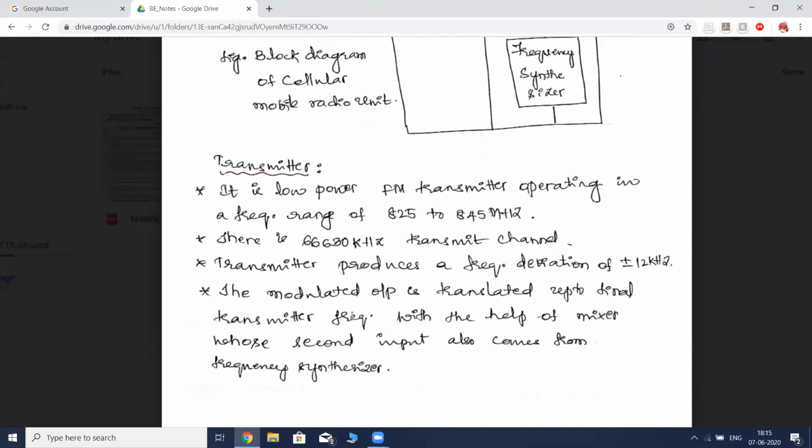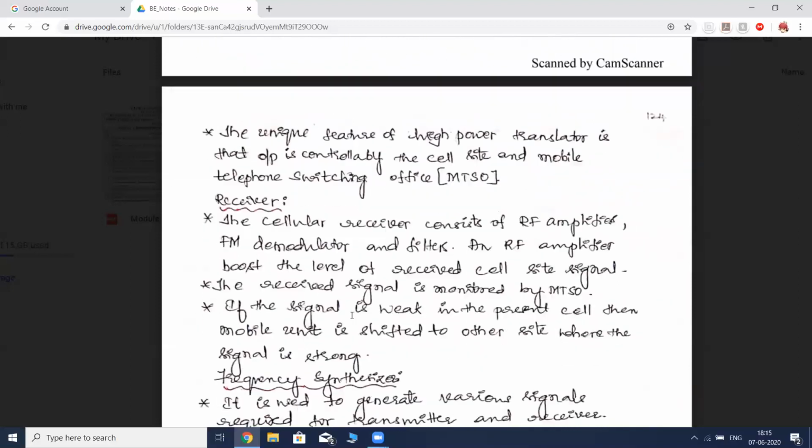The modulated output is translated up to the transmitter frequency. In order to do that, a mixer is used. For that, one more input is required, and that input also comes from the frequency synthesizer.